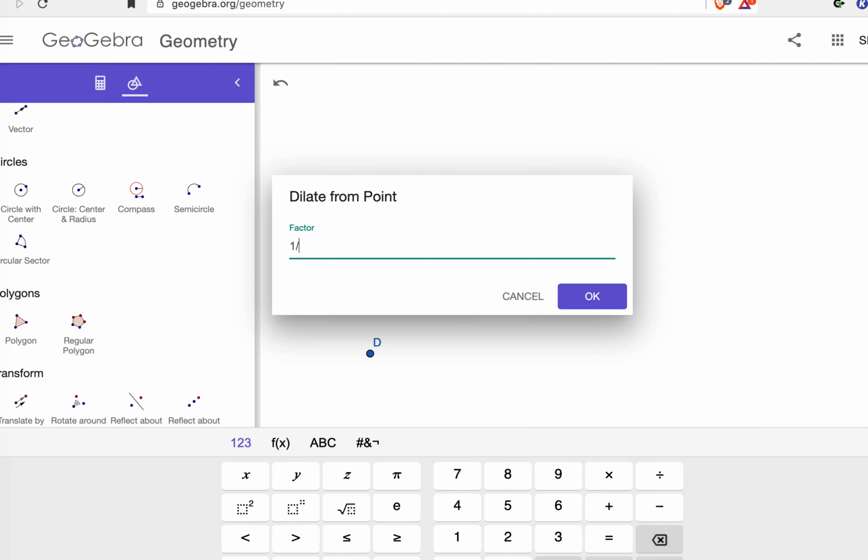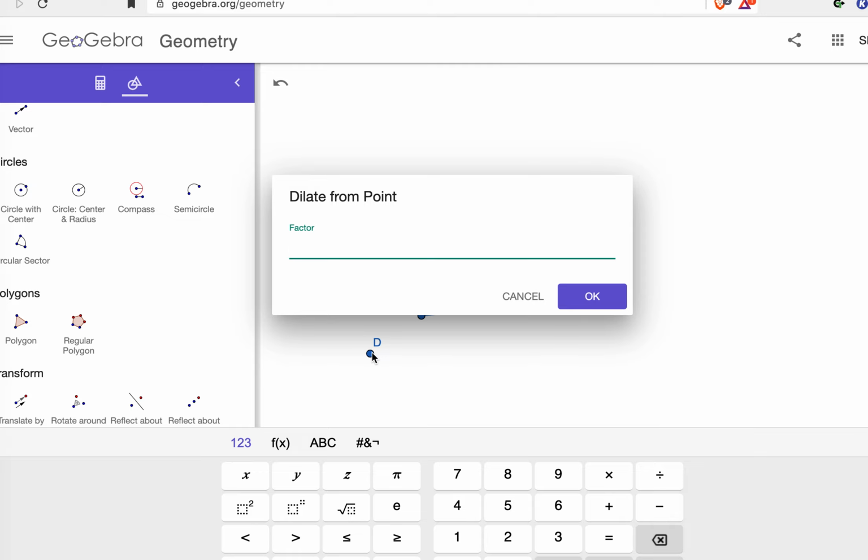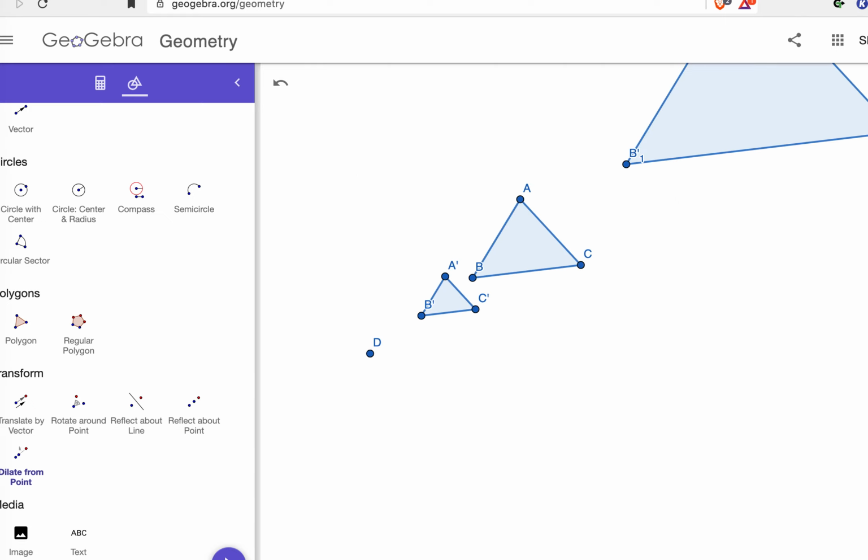So if I want a scale factor of half, or I could put 0.5, it's going to make a triangle half the size. And when it shrinks, it's going to get closer to the point of dilation. When it grows or is an enlargement, the scale factor is bigger than 1. So if I put 2 or 3 or even 2.5, it's going to make a triangle 2.5 times bigger, and it'll grow away from the point of dilation.